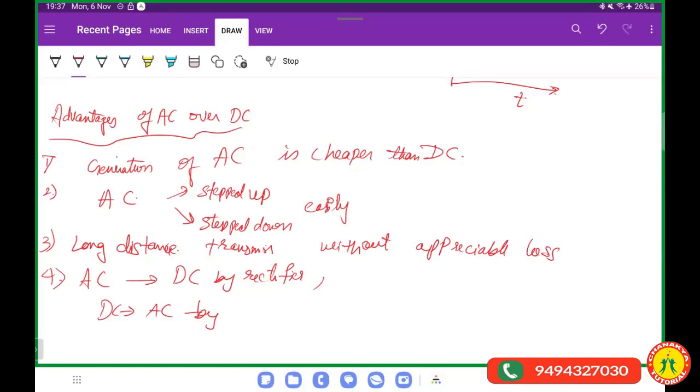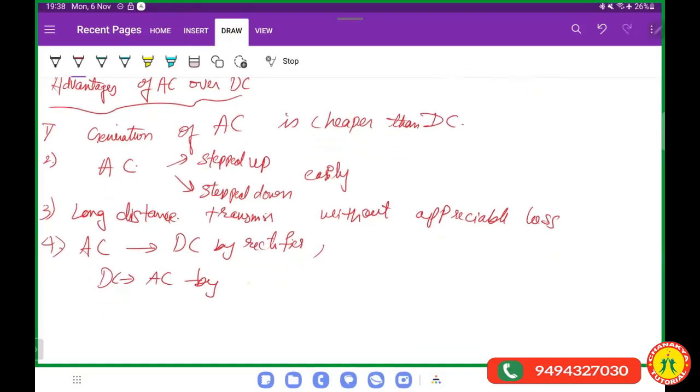Yes, transformer, but it is not DC, my dear. Do you know something that starts with I, next letter N, next letter E? Inverter. Inverter, power inverter. Yeah.